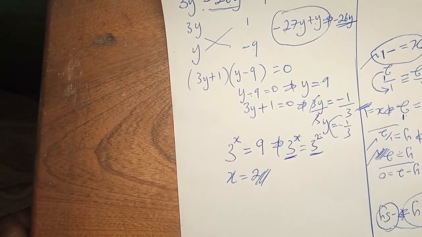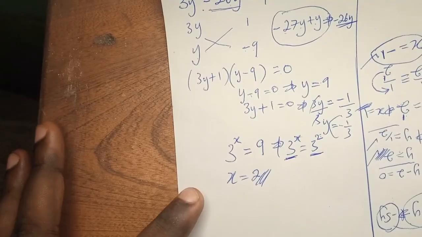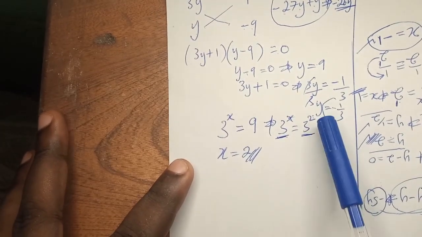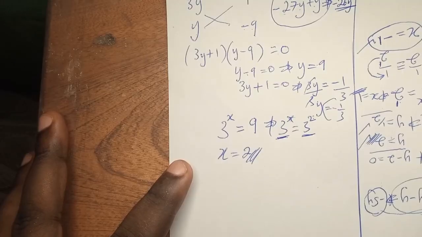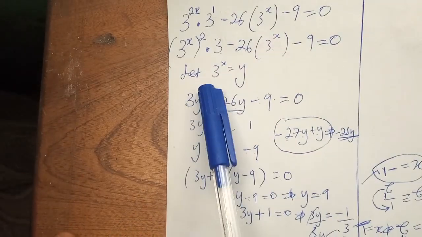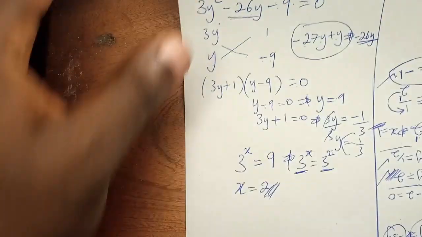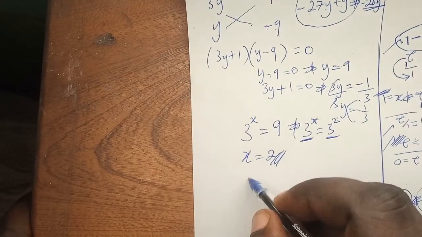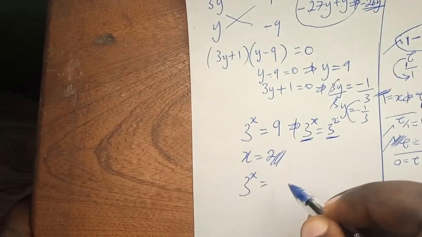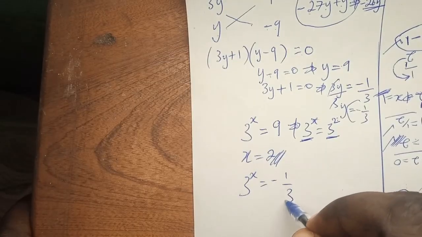But we know that the other value, where y was equal to minus 1/3, we can still say 3 to the power x is equal to minus 1/3.